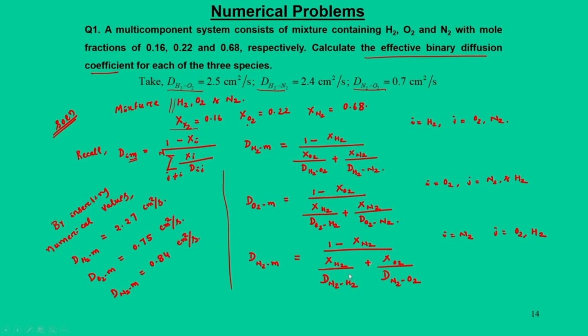So, this is how, in a 3 component system, we calculate effective binary diffusion coefficients. In fact, if there are more species, then this summation has to be further extended.